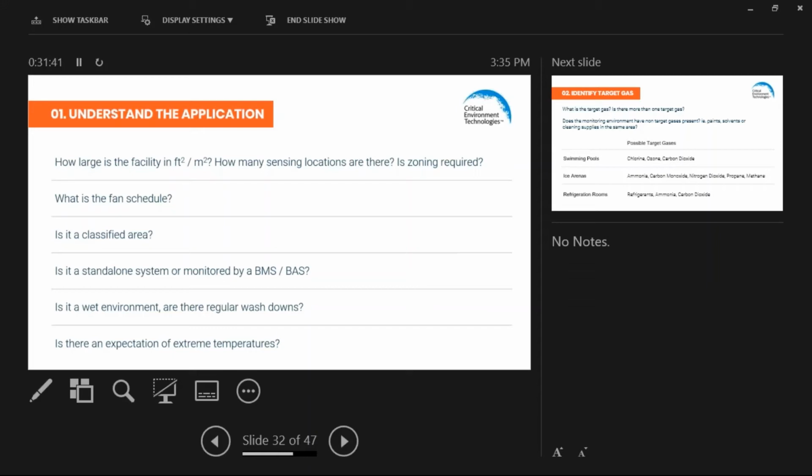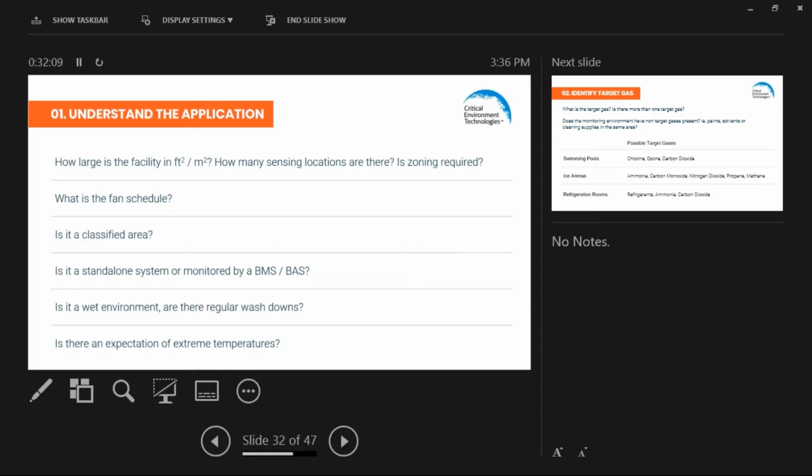For instance, fire vehicle bays, where they wash them down inside in the wintertime. It's a wet environment. So we would recommend splash guards on the gas detectors for CO and NO2 that are installed in those fire engine bays.